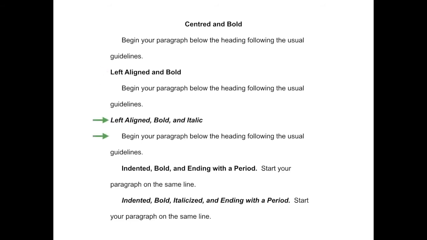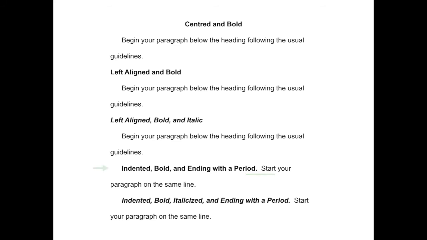The third level heading is going to be left aligned, bold, and italic. Again, you are going to start your paragraph below the heading, indented 1.27 centimeters. Your fourth level heading is going to be indented and bold. Start your paragraph immediately following that heading on the same line.